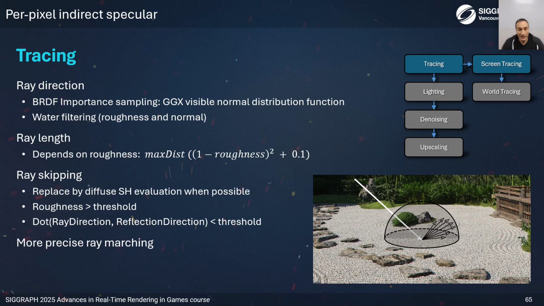Since we're casting at least twice as many rays, it's going to be twice as slow, but in order to optimize, we decided to reuse the information that was computed previously in the diffuse pass. So in the case of pixels that are really rough, above a certain threshold, we're going to reuse the spherical harmonic per pixel that we have and just evaluate it at the wanted direction. We're going to use the same scheme when the ray is also really far from the perfect mirror reflection.